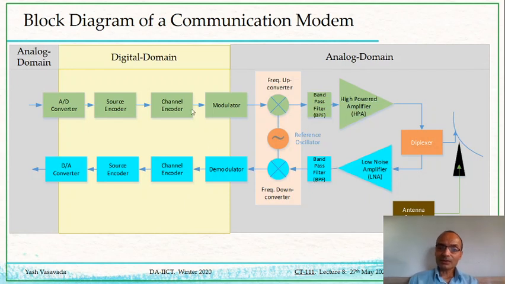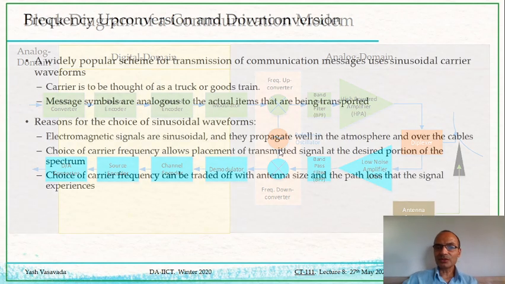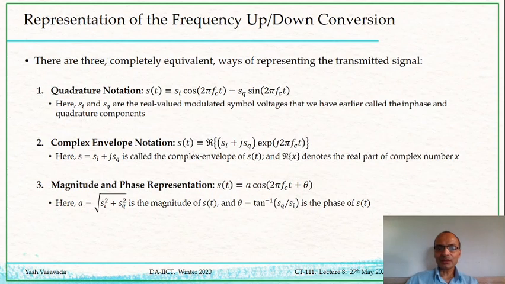And so that is where there is a need for generating cosine and sine at the receiver, and that is what we are going to assume now, that we have received this s of t, and our intention is to recover si and sq. This cosine and sine have done their job as the carrier.